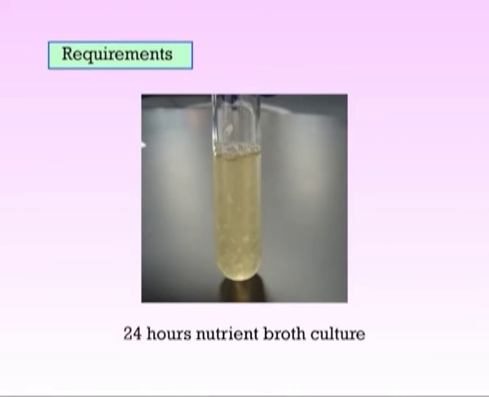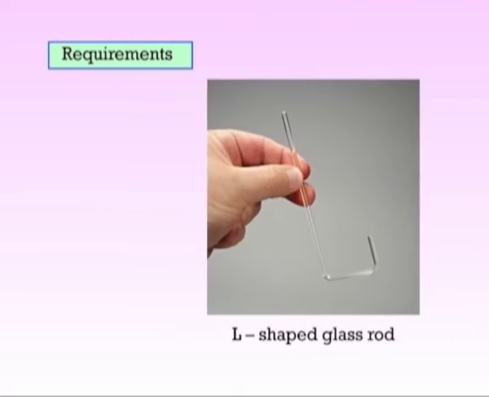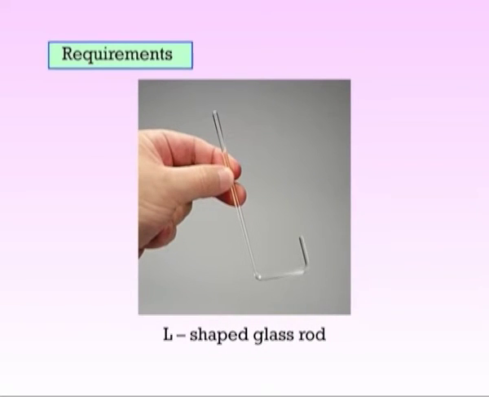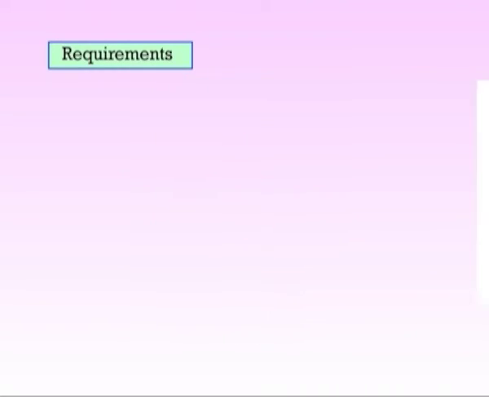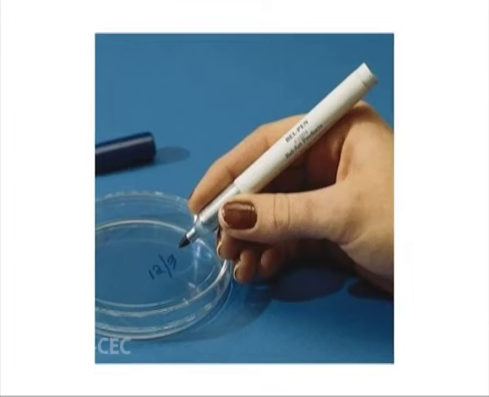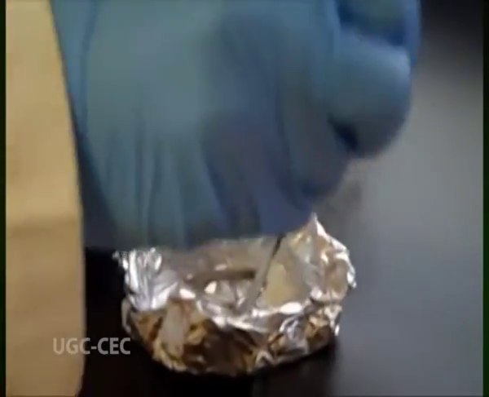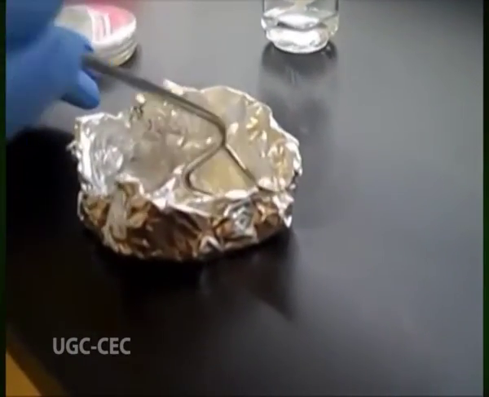In the requirements, a 24-hour nutrient broth culture is required, then nutrient agar plates, L-shaped glass rod, beaker, spirit lamp, marking pencil, etc. In the procedure, the nutrient agar plates are labeled. Then the L-shaped glass rod is dipped in 95% ethanol.